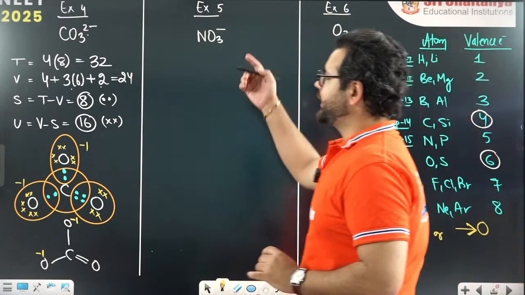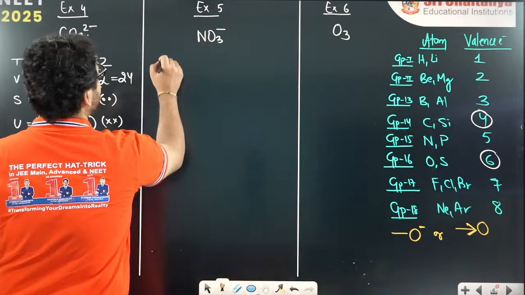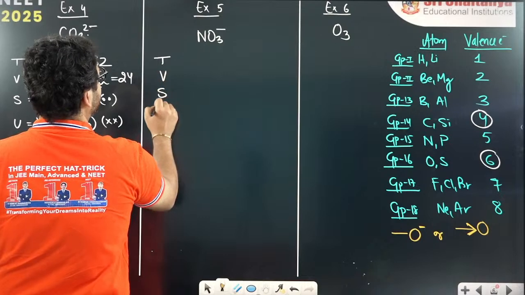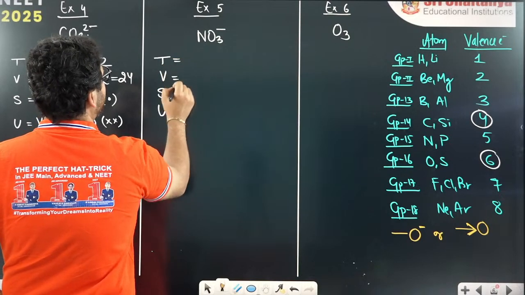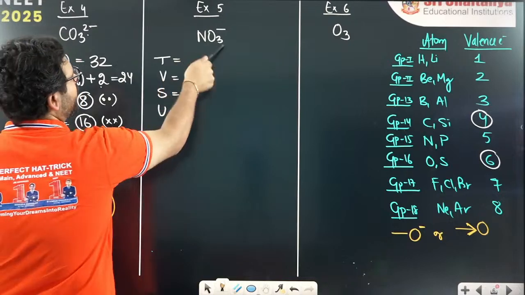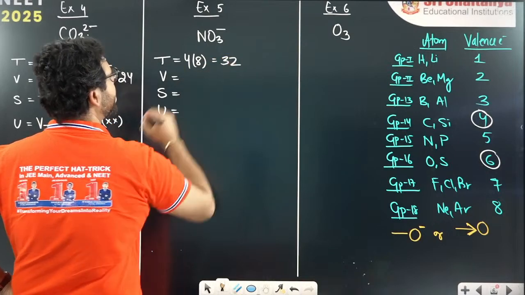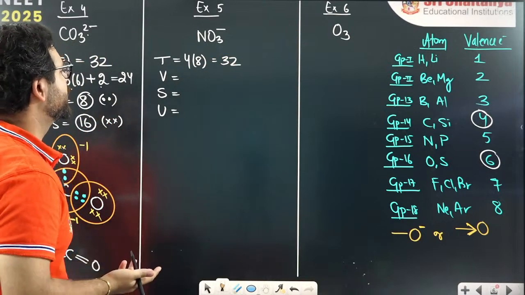So next is nitrate. You see here nitrate, TVSU. Total 4 atoms say we need 8 electrons each, 32. T clear? Clear, sir.